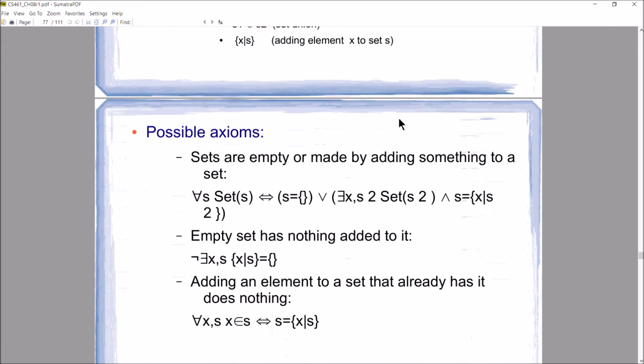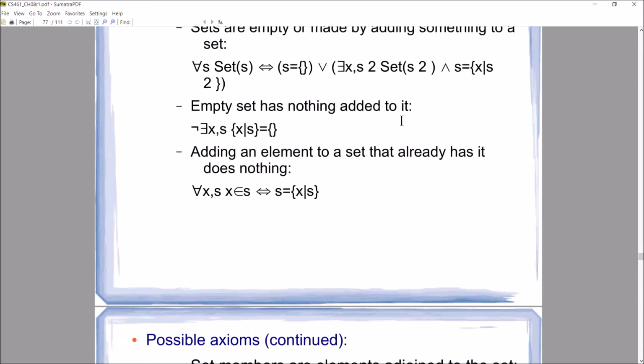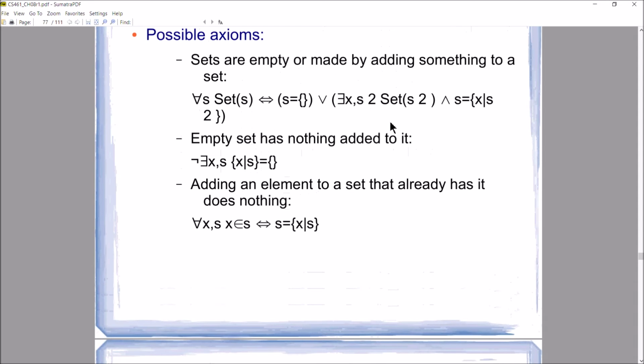Let's see here. Some possible axioms for you. Again, I'll let you skim over that because I already gave you an example previously, but let me give you one example here. What does this say? An empty set cannot have anything added to it, right?